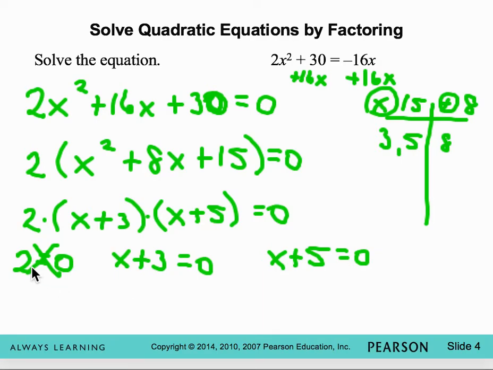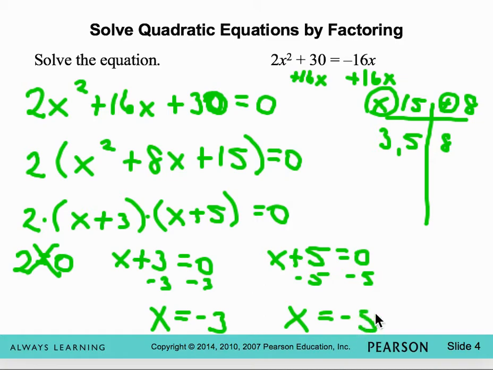This is not the one that is 0. This is 2. Okay, if I subtract 3 from both sides though, then x could be -3 would make this 0. And subtract 5. So x equals -5. So my two answers, not three answers, my two answers are -3 and -5.